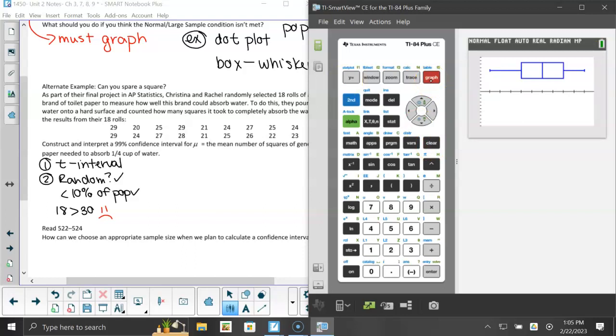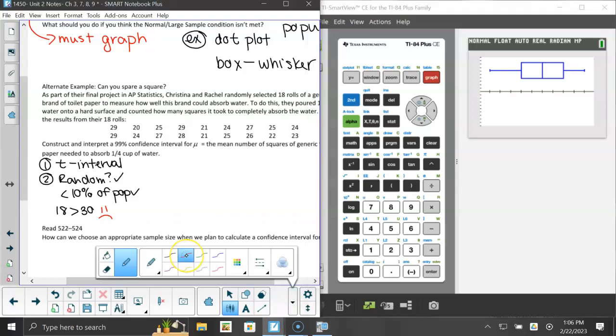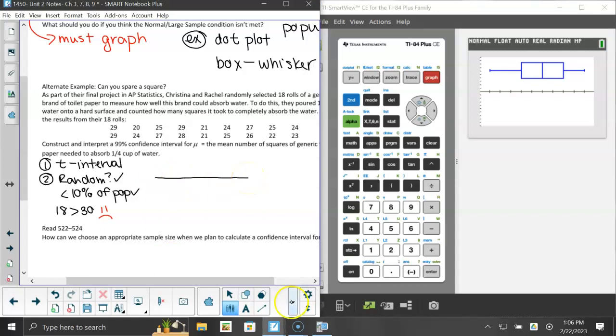Yours does too. Go to regular y equals and just delete it. That's the bad part about sharing calculators. Because this is a frowny face, now we need to graph it. So in looking at that graph, hit zoom 9.